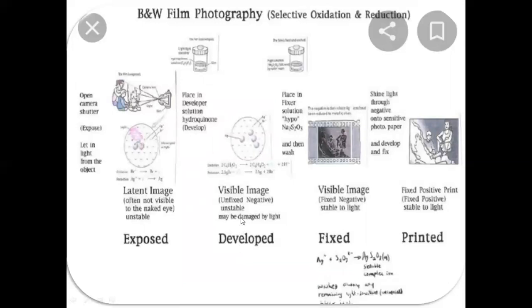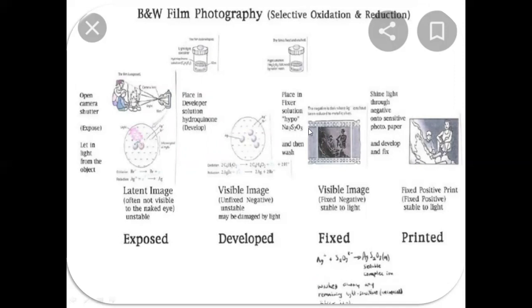Then it is placed in a fixing solution. The function of the fixing solution is that it will remove the extra silver bromide and convert the reduced silver into solid silver. And then the image is visible.